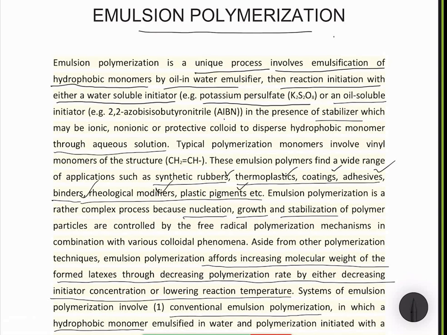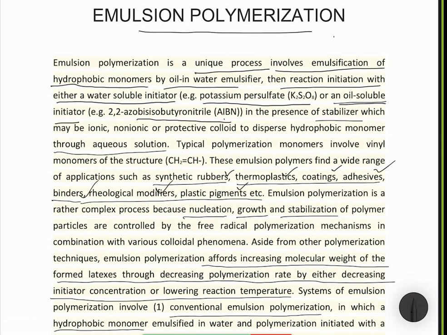So in most of the cases in oil in water or the normal emulsion, a water soluble initiator like potassium persulfate is used, or in few cases an oil soluble initiator can be used, but this is very rare, and in that case AIBN can be used, which is water insoluble and soluble in oil or organic solvent.